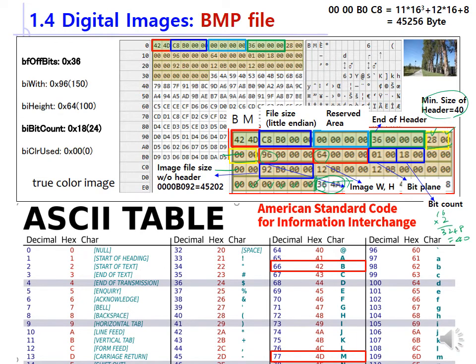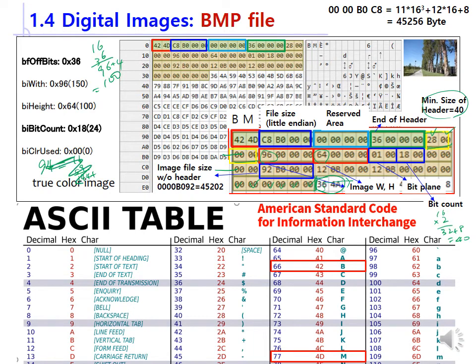What is 64? 64 in hexadecimal means 6 times 16 is 96, plus 4 means 100.